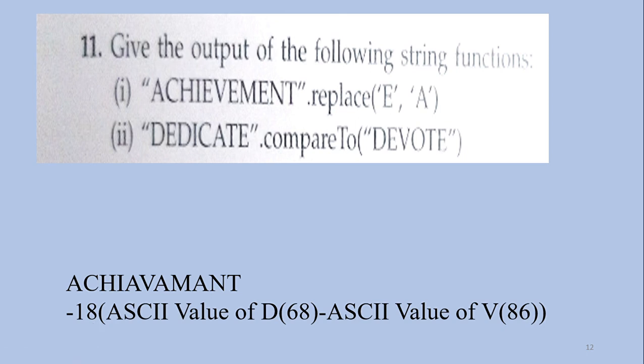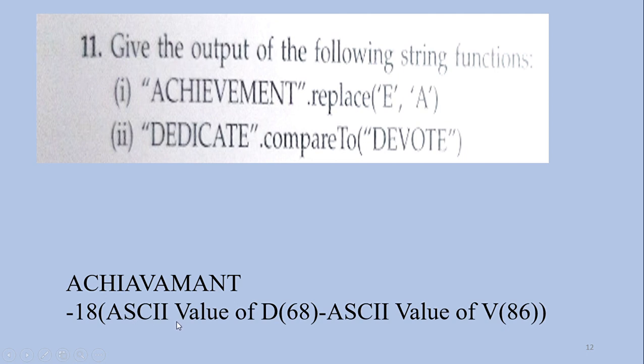Now, some of you may not know what is the ASCII value of D or what is the ASCII value of V. In that case, you don't leave the question as such. The ASCII value of D will be anyway smaller than the ASCII value of capital V. So when you subtract a smaller number from a bigger number, your answer will be negative. So if you don't know the ASCII value, another option is, you may write here instead of minus 18 a negative integer.